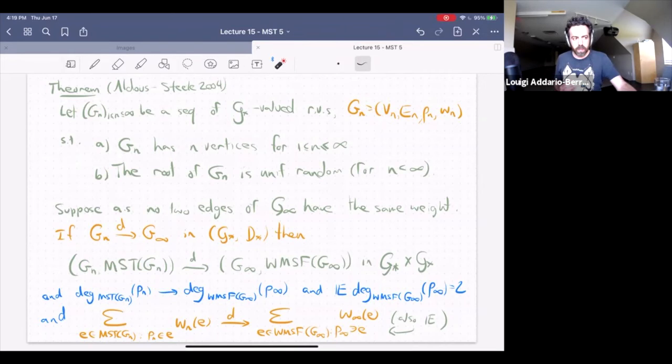If there are no questions about the statement, I think now I'd like to try to show you what this theorem tells us about the weight of the minimum spanning tree. Okay, so let's try to study the limiting random variable.